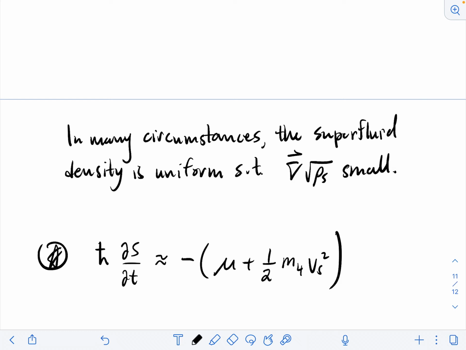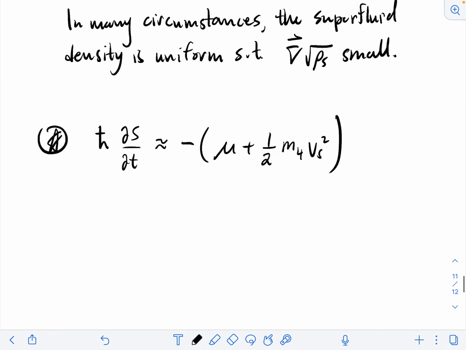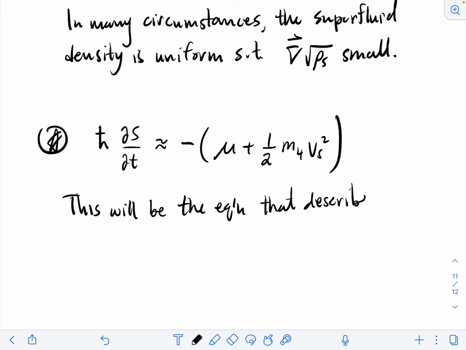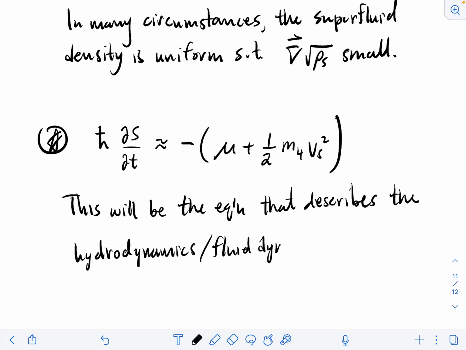I'll just make one more comment, and then that's where we'll end for today. This will be the equation that describes the hydrodynamics or fluid dynamics of the superfluid.